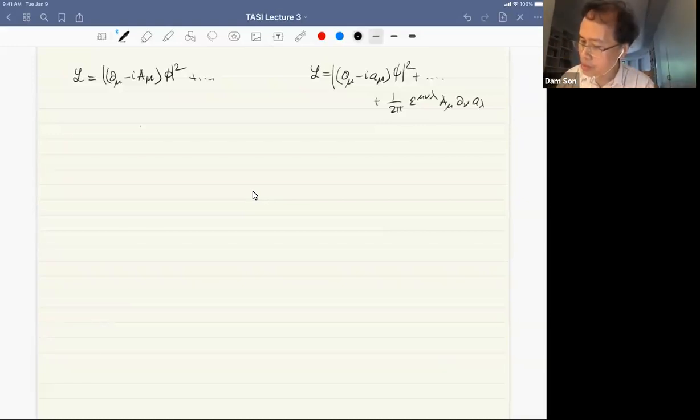The current here, J mu, corresponds to 2 pi epsilon mu lambda d mu a lambda here.